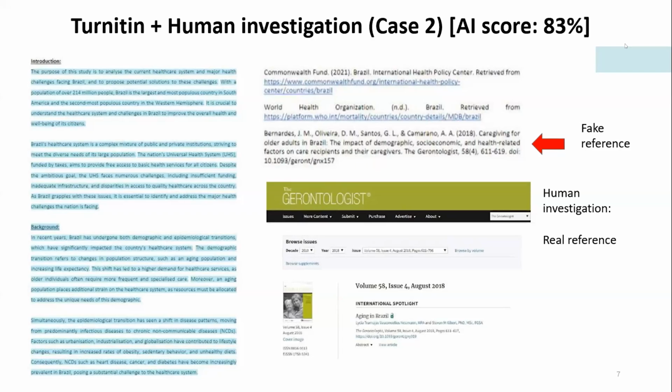So what I try to say is that if students do not have the fundamental knowledge in this subject, of course they are not able to judge whether the text generated by ChatGPT is good or not.